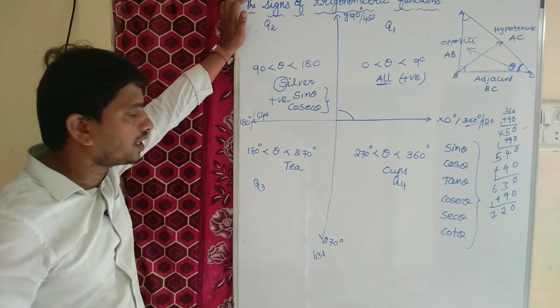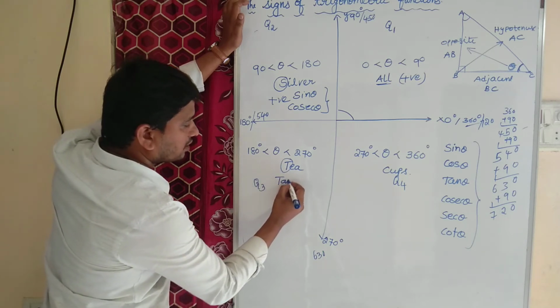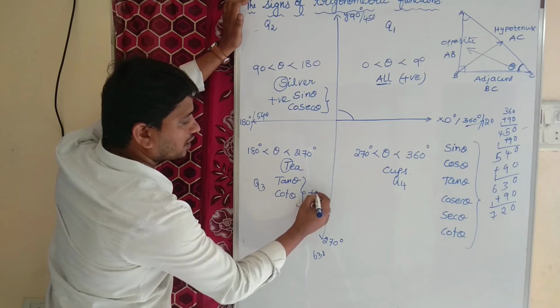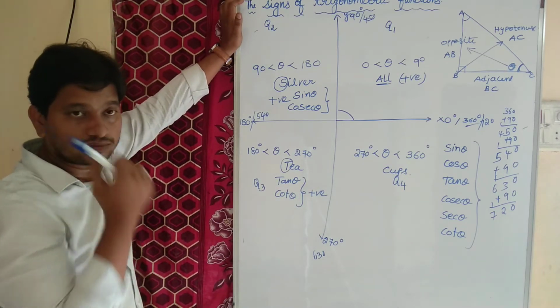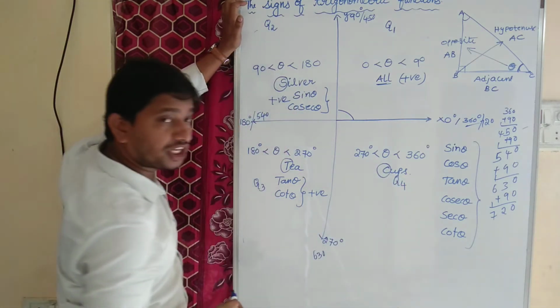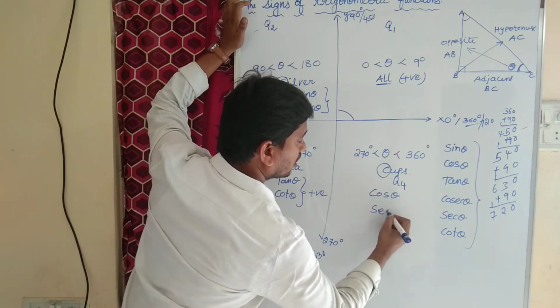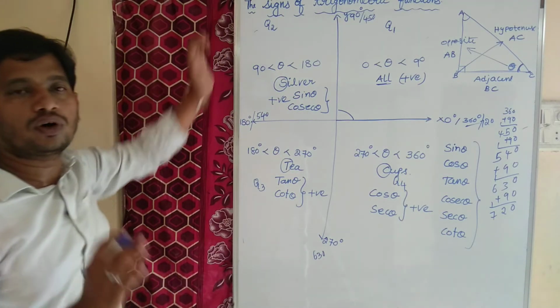Now coming to third coordinate, the first letter is T, so that is tan theta, reciprocal of tan theta, cot theta, they are positive in third coordinate. Now coming to fourth coordinate, the first letter is C, in the sense cos theta, reciprocal sec theta will be positive in fourth coordinate.